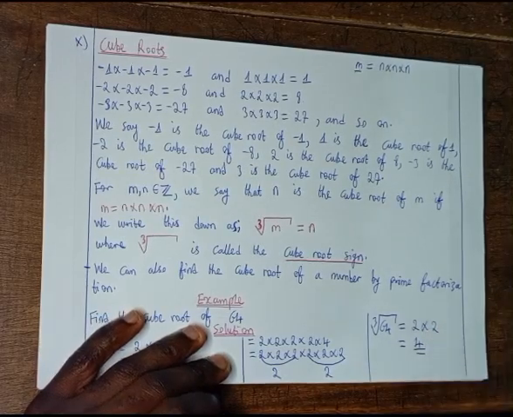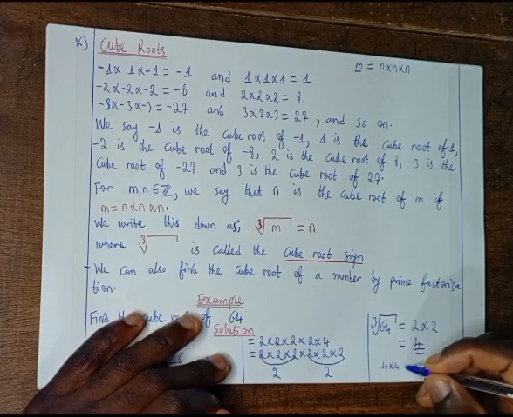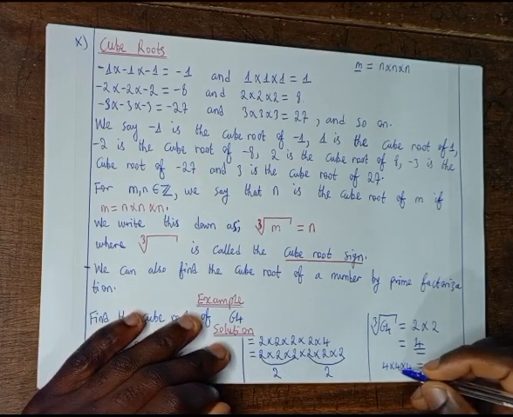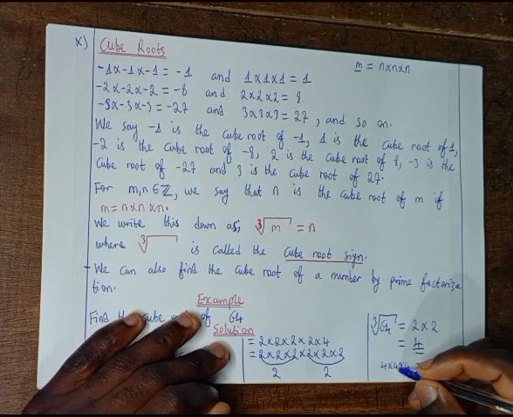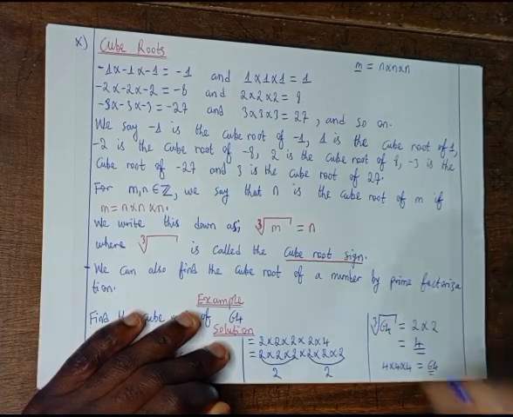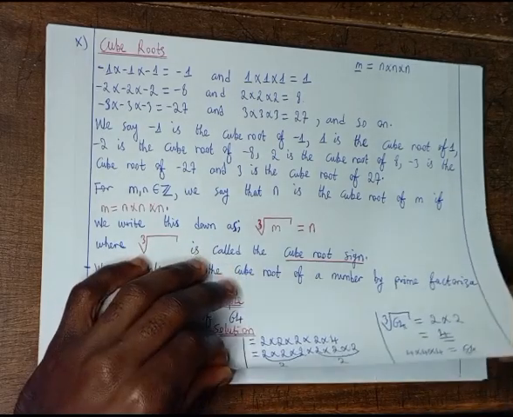So this is our result. You can verify. It simply means we multiply 4 by 4 by 4. 4 times 4 gives us 16. 16 times 4 gives us 64, which goes back to this. So that means 4 is the cube root of 64.